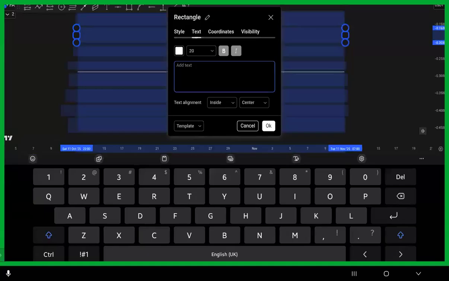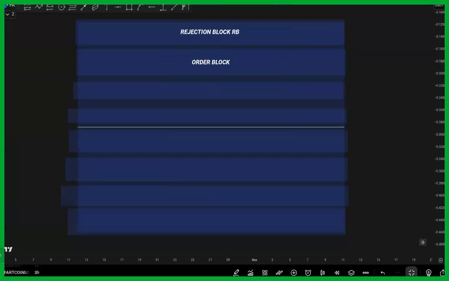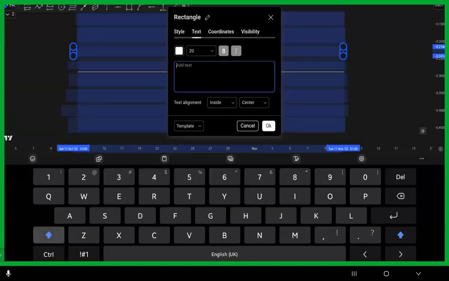The second one is the order block. The third one is the breaker block.